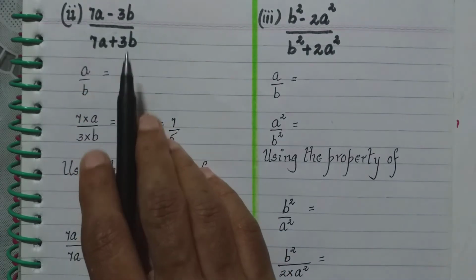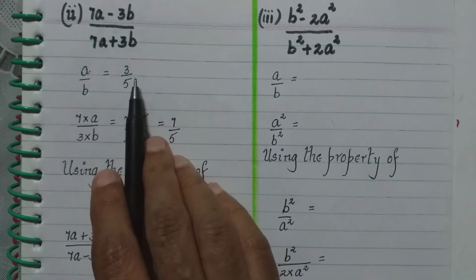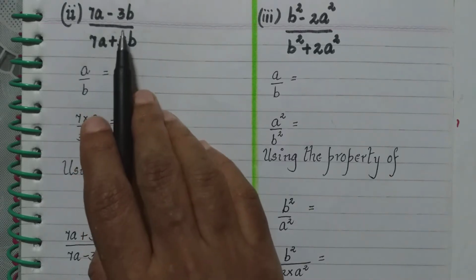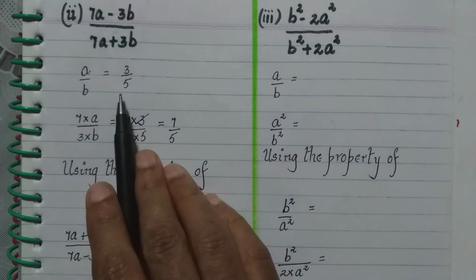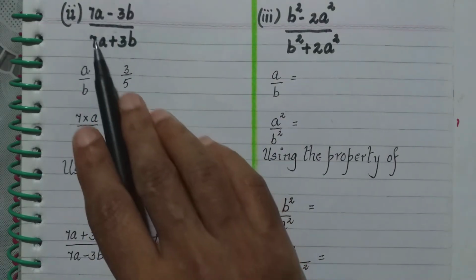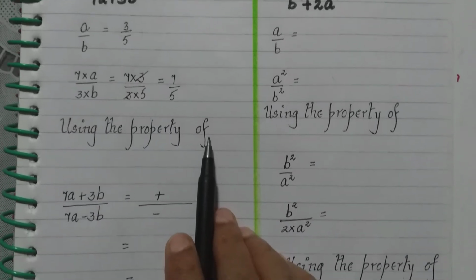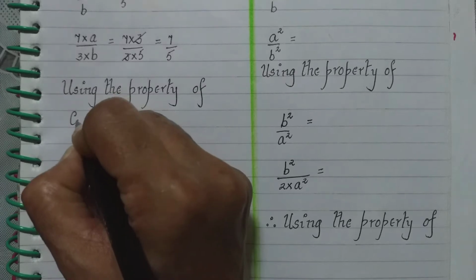First, we will use componendo dividendo and find out 7a plus 3b upon 7a minus 3b. After getting the answer for that, we want the reciprocal of the answer. So we use invertendo. First, we use the property of componendo dividendo.